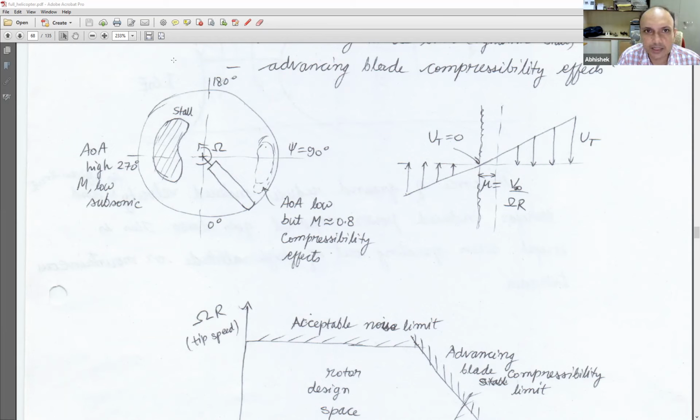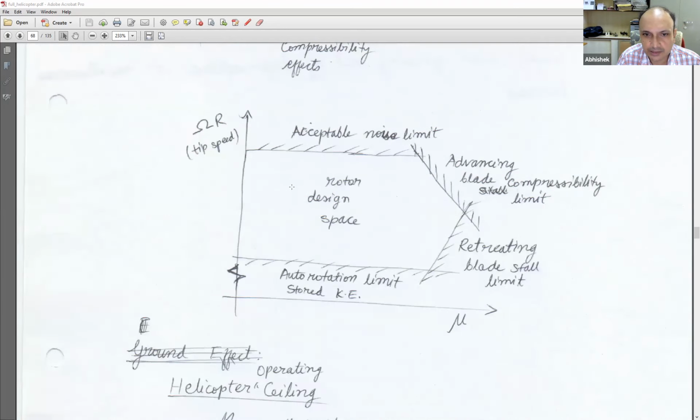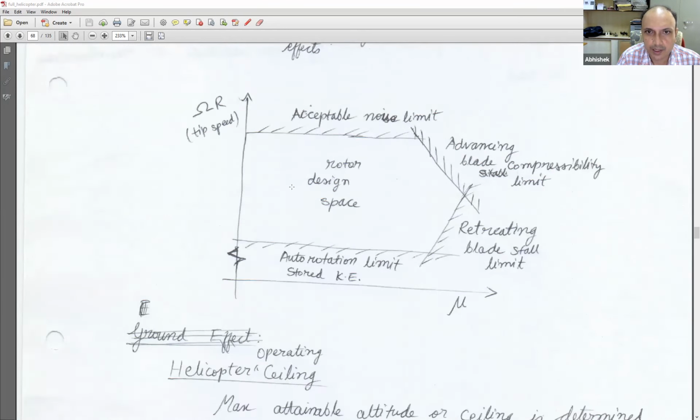Now we look at a very interesting diagram which Leishman has in his book. That is this. In this, let me explain what the things are. This gives you the range of certain physical parameters which limit the design of a helicopter. We saw already the limit in terms of your tip speed as well as forward speed.